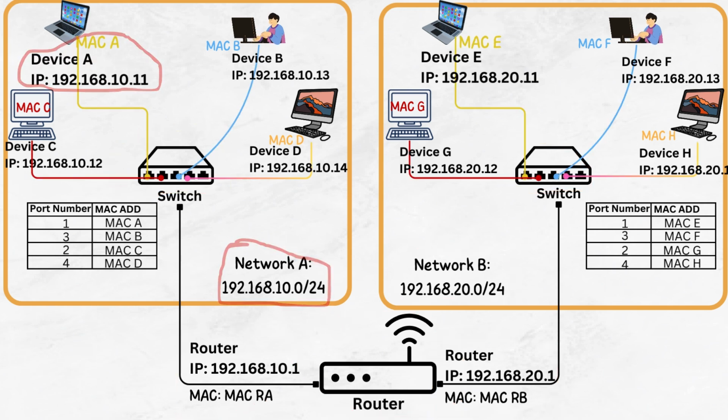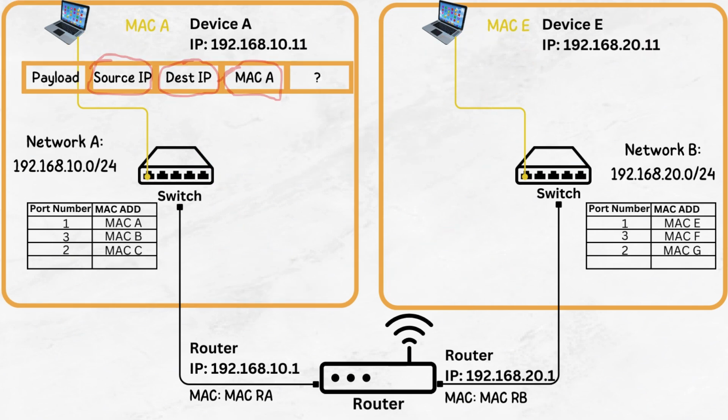Let's start with device A on network A. Device A wants to send data to device E, which is on network B. Let me zoom in on these two devices. The packet is prepared with device A's IP and MAC address, and the destination IP is set to device E's IP 192.168.20.11. However, the destination MAC address is left blank as it's not known yet.